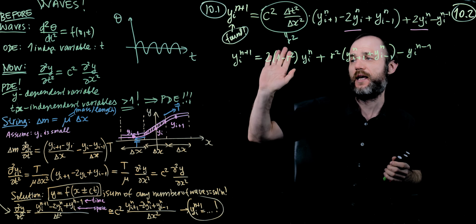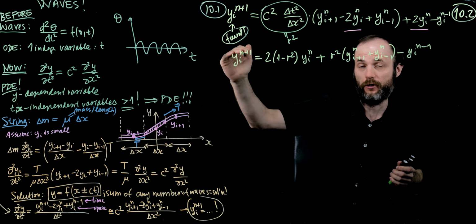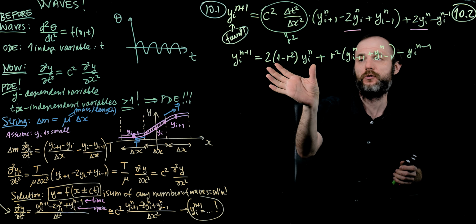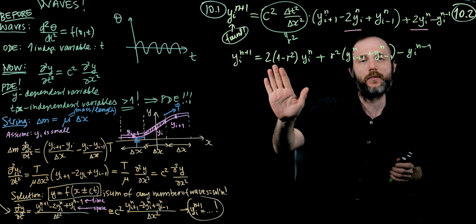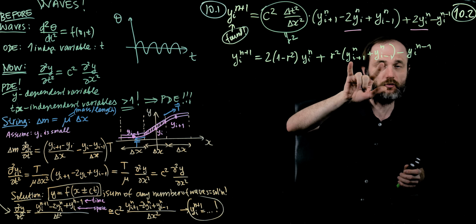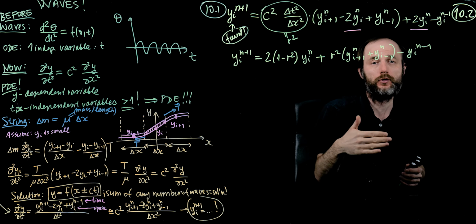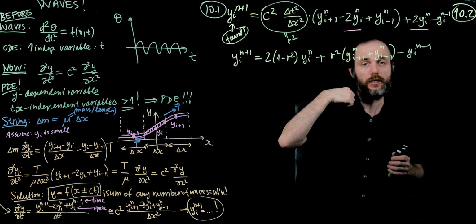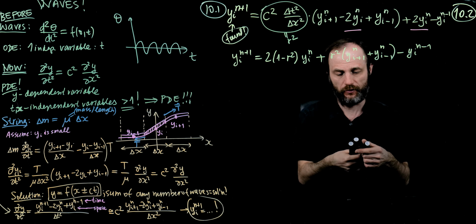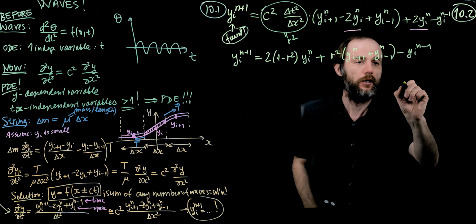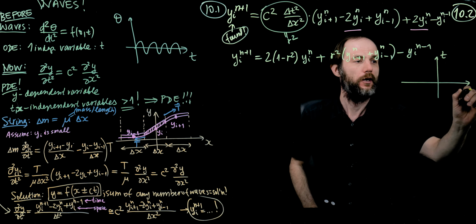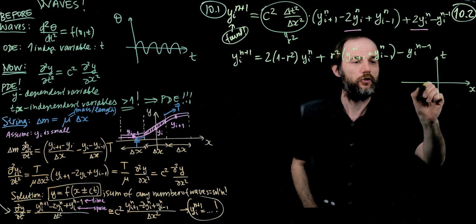So what you see is that the new value at the new time is given by the values at the current time, at the current point, at the 2 points surrounding that point, and also the value at the current point at the previous time. So that is the picture of what's going on, where we have time going up, space going to the right.